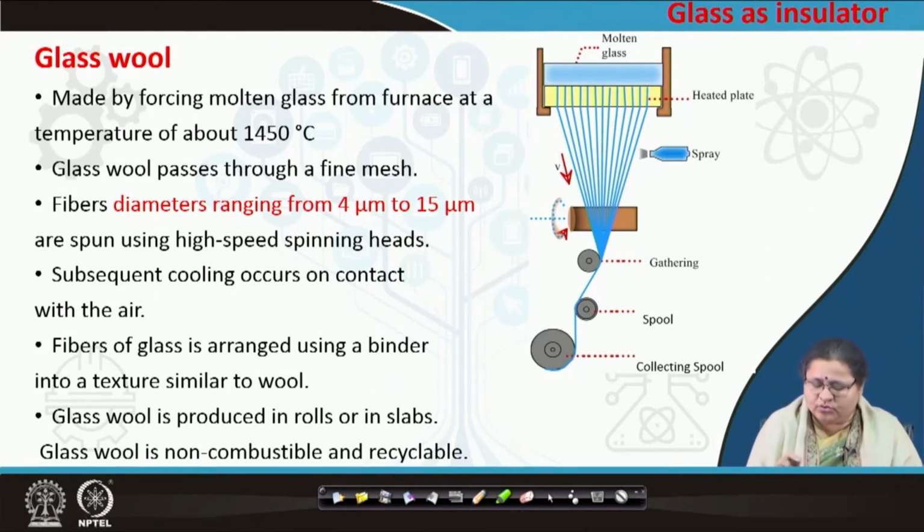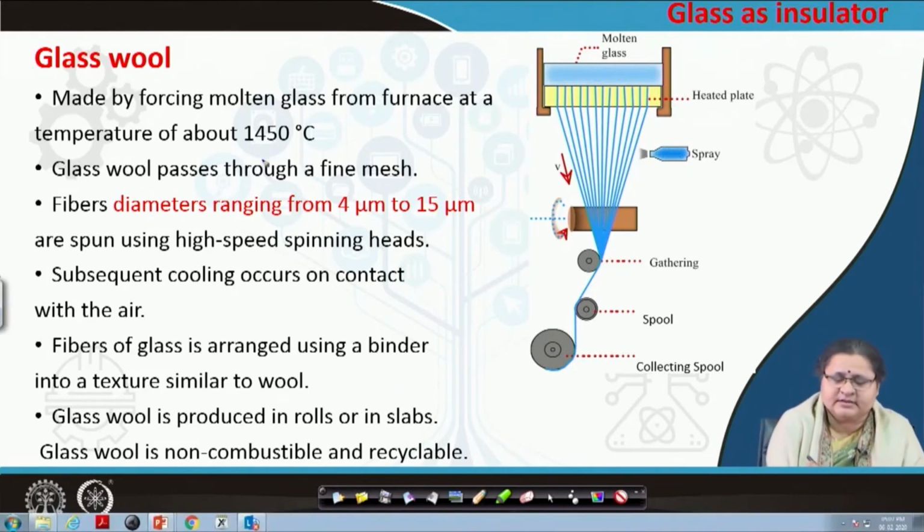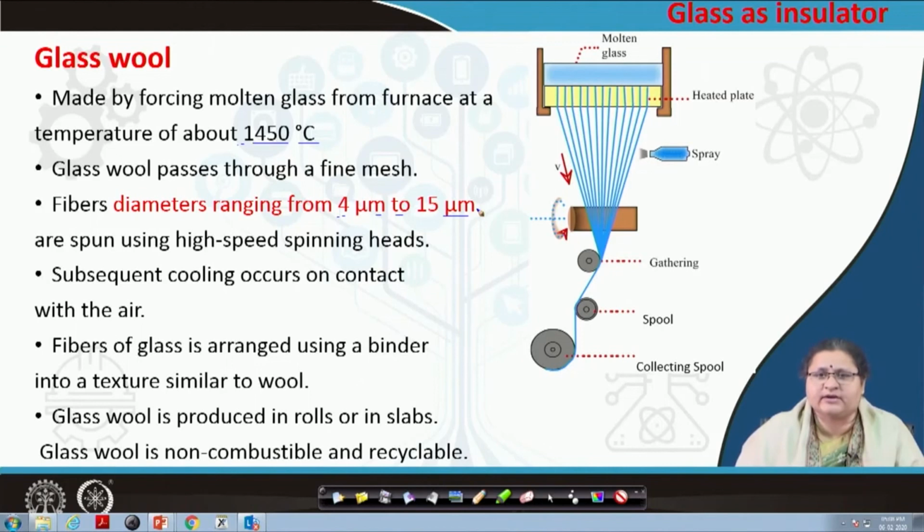Here you take a note of the temperature, it is at 1450 degrees centigrade coming out from the furnace, and this is a kind of mesh through which these thin strands are coming out, which are of the order of 4 micrometer to 15 micrometer.